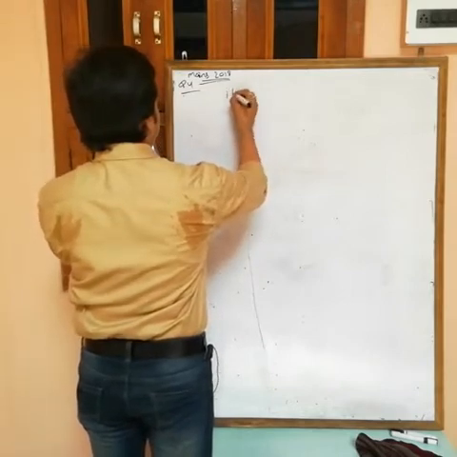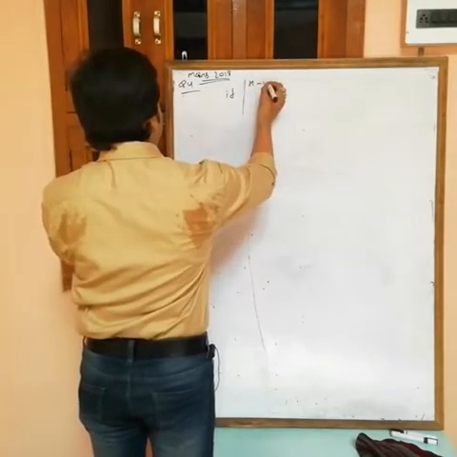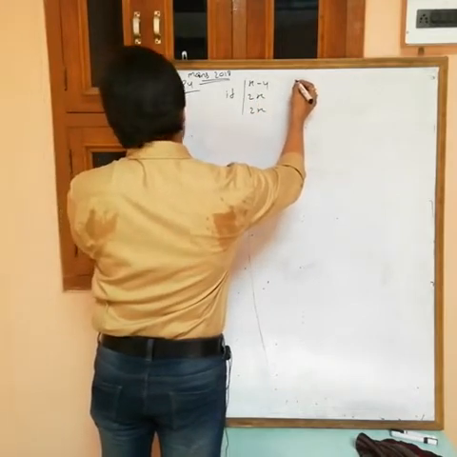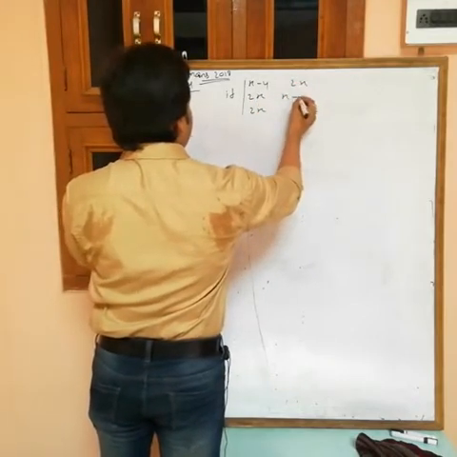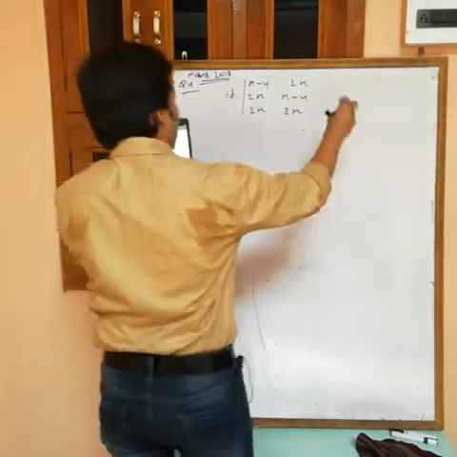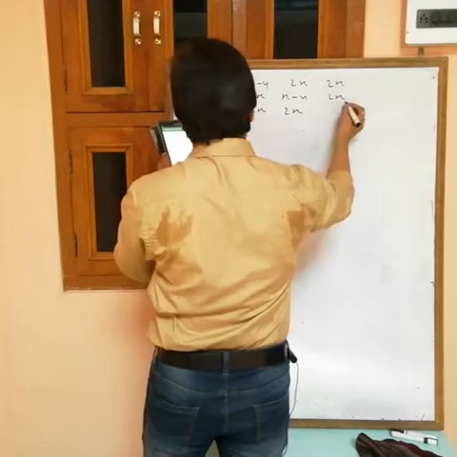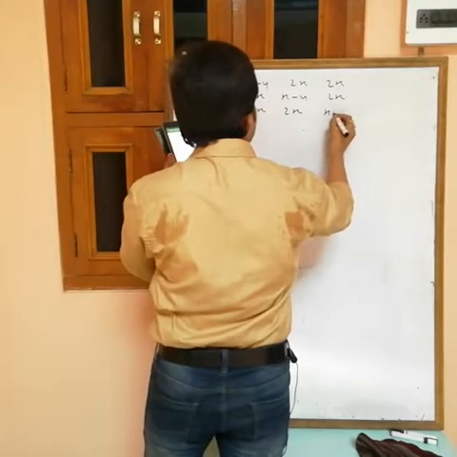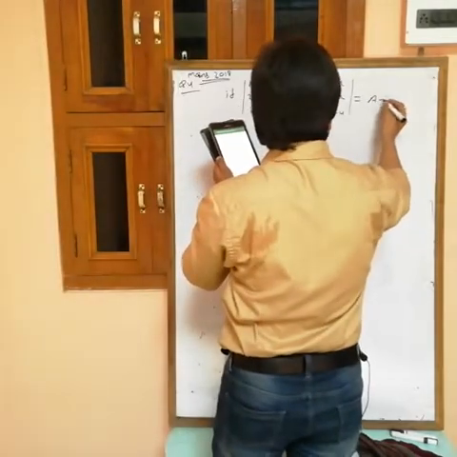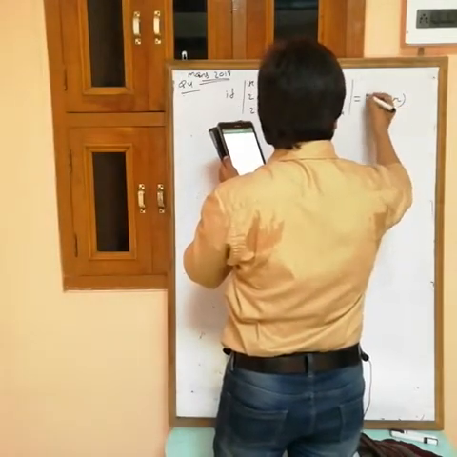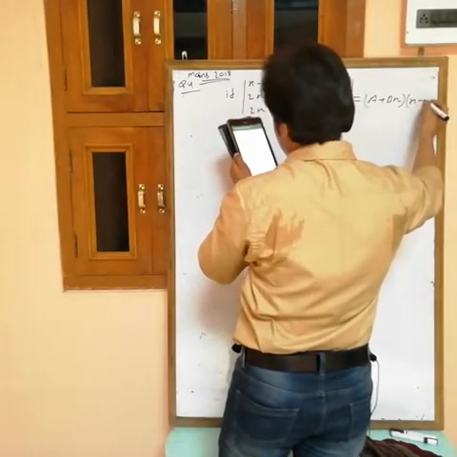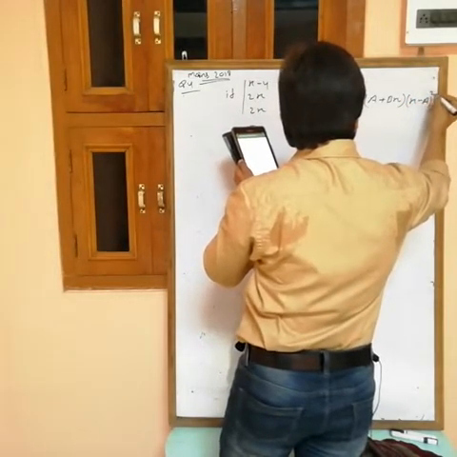It is given that the determinant with rows x minus 4, 2x, 2x; 2x, x minus 4, 2x; and 2x, 2x, x minus 4 is equal to (a plus bx) into (x minus a) whole square.